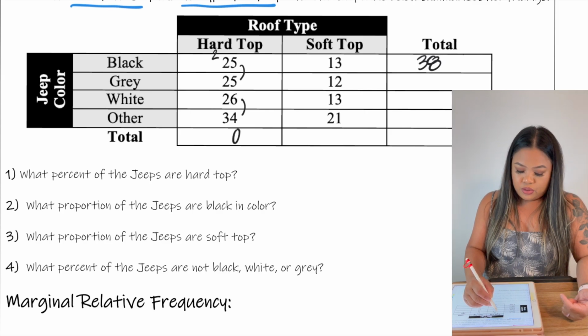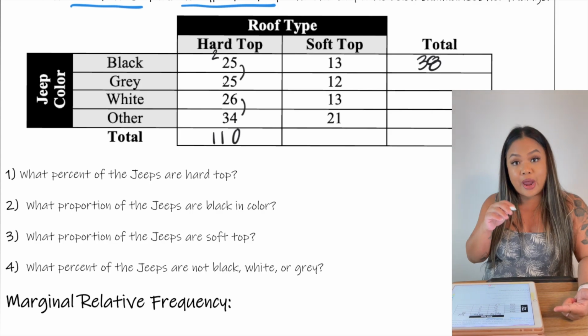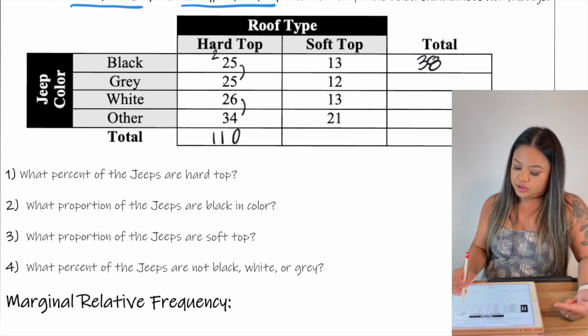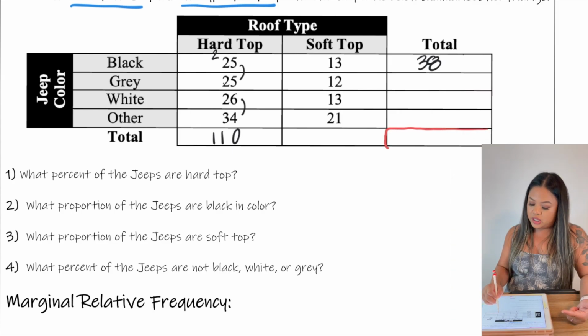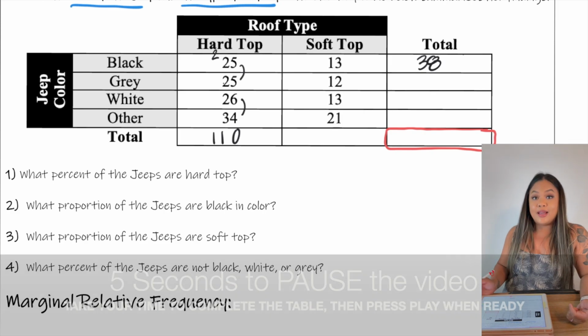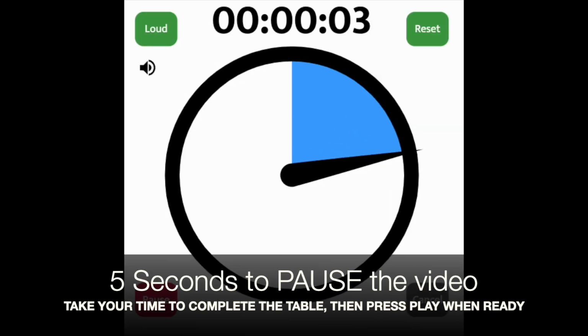And then 2, 4, 6, 8, 9, 10, 11. So we have 110 hard tops, okay? So I want you to do soft tops and then gray, white, and other for the totals. And then we're gonna get a total for all the Jeeps in this little box here, okay? I'm gonna give you 5 seconds to fill those in and then we'll cover it again.